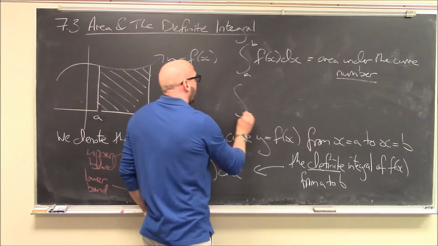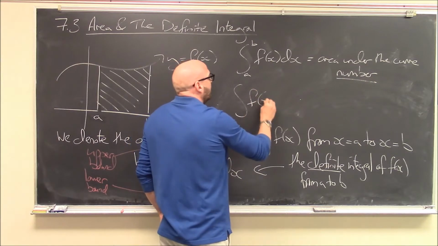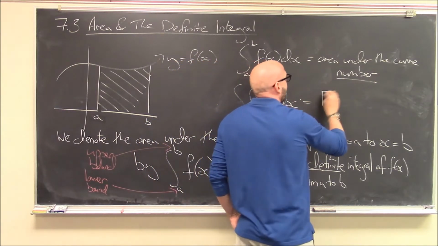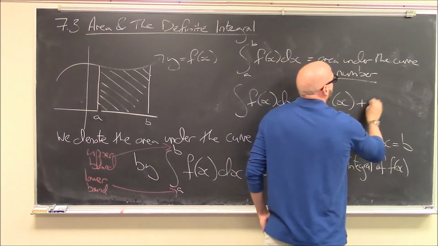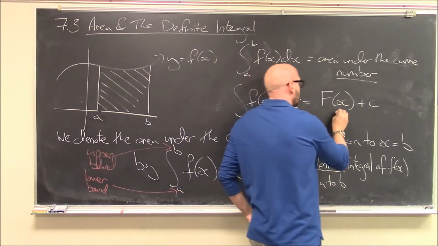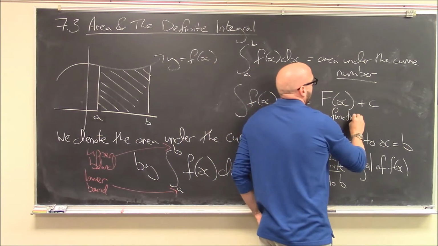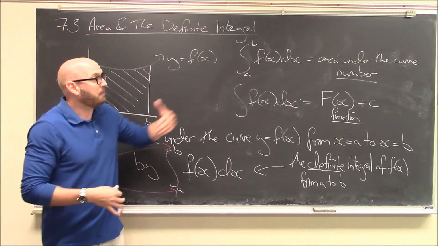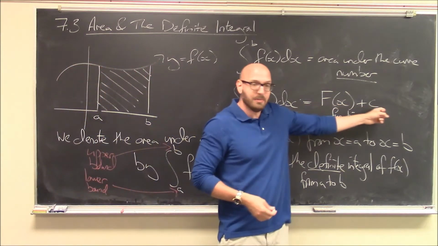Meanwhile, this guy, with no bounds on it, the indefinite integral case, this is just big F of x plus c, the most general antiderivative for f of x. And this is an actual function. In fact, to be more precise, it's an entire family of functions because plus c can be whatever you want it to be.